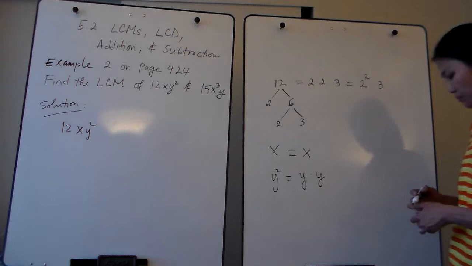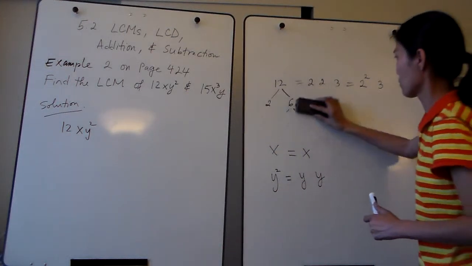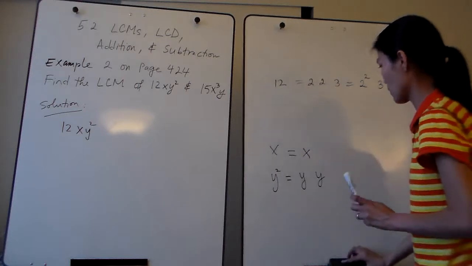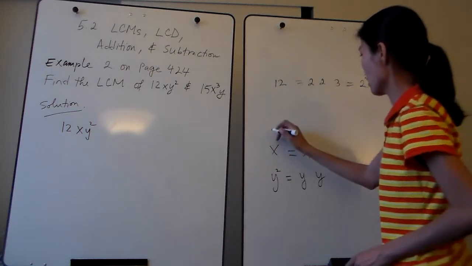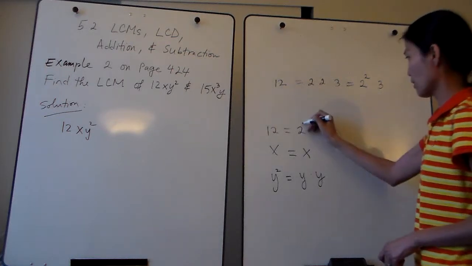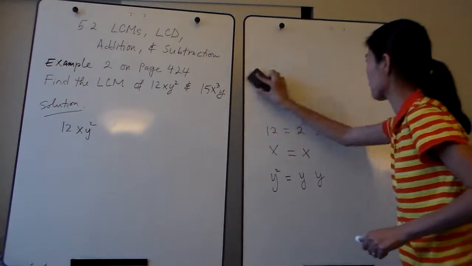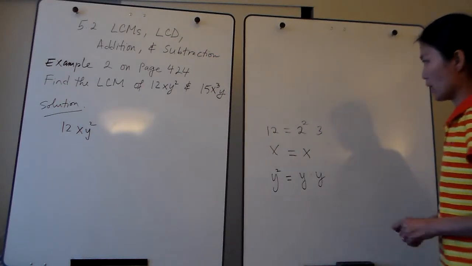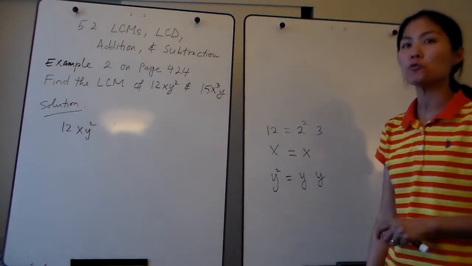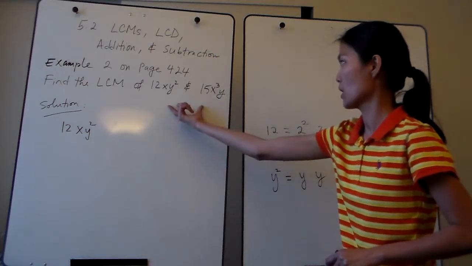Now, let me clear this out. So, writing this, 12 is 2 squared times 3, okay? To find the LCM, you use factors from these two expressions.